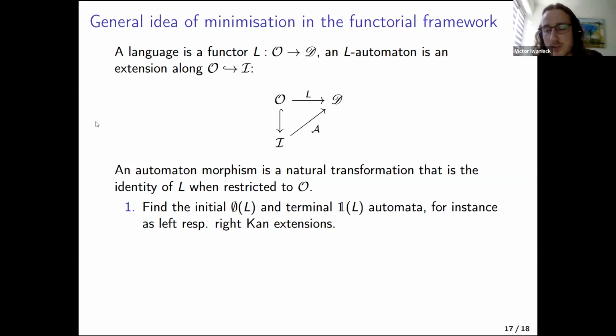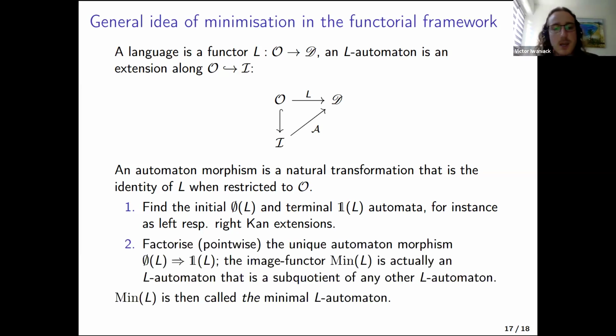You can have other manners of finding those automata, but the goal is, inside the category of automata recognizing a given language L, you want an initial and terminal object.